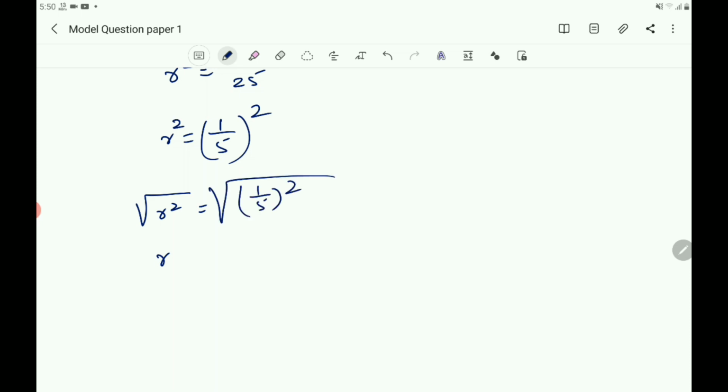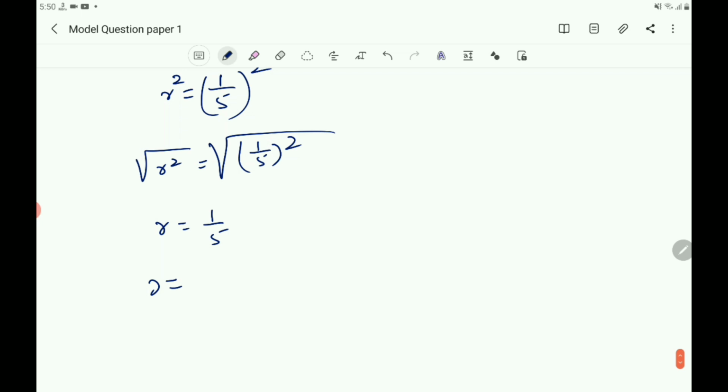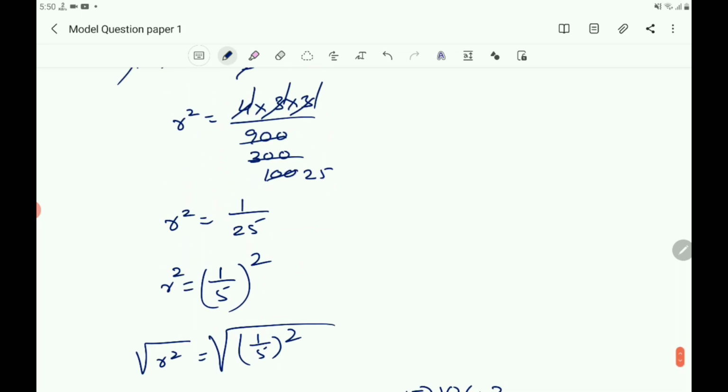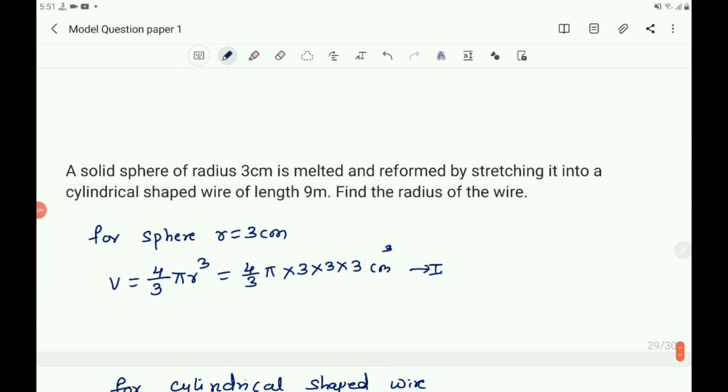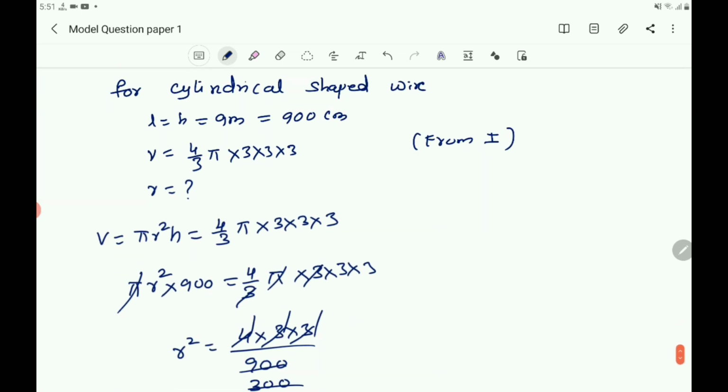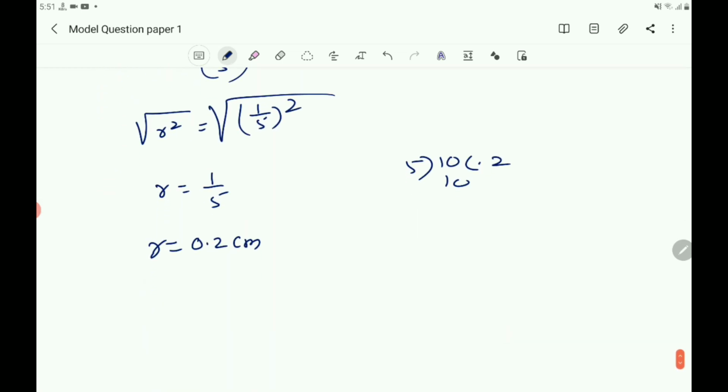If it is okay, you write it directly, r equals 1 by 5. And you know that 1 by 5 means 0.2. So you got 0.2 centimeter. The radius of the wire is 0.2 centimeter.